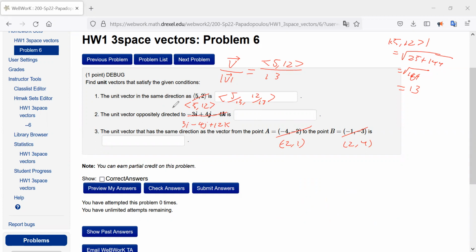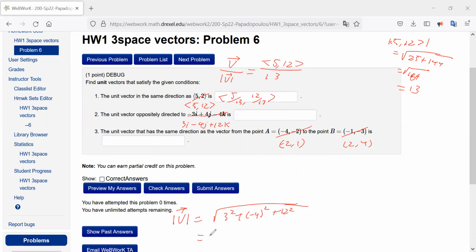This one is pointing in the same direction, so we don't have to multiply by -1. Here, it's pointing in the opposite direction, so in the end, we will have to multiply by -1. But first, we have to find the norm of this. The norm of v is going to be the square root of 3 squared plus -4 squared plus 12 squared.